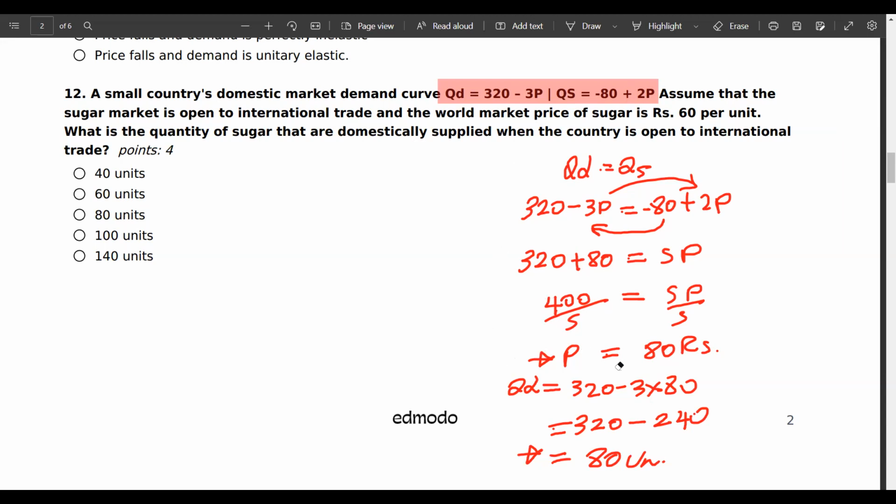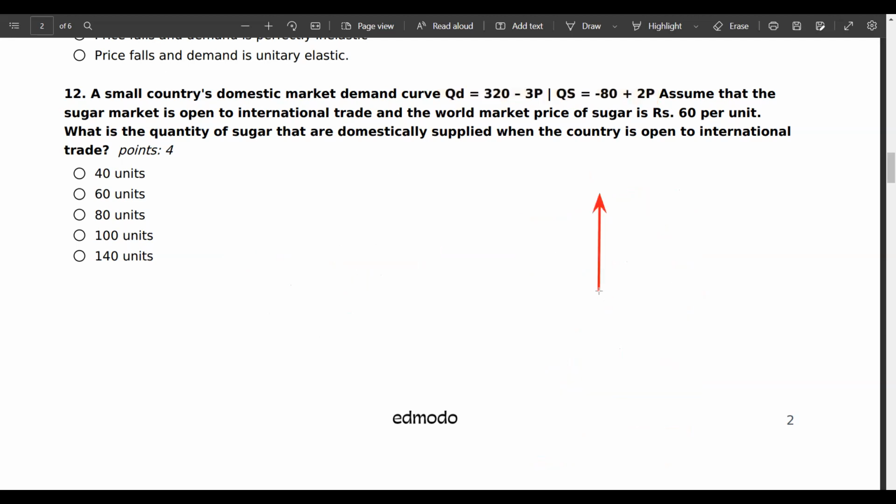Then to confirm, we'll take the supply equation, minus 80 plus 2 into 80. So minus 80 plus 160, anyway the answer is 80. So that's perfect. What I have done is correct. Then you know the equilibrium price is 80. Equilibrium quantity is 80.